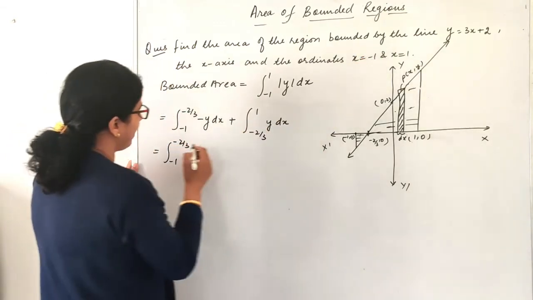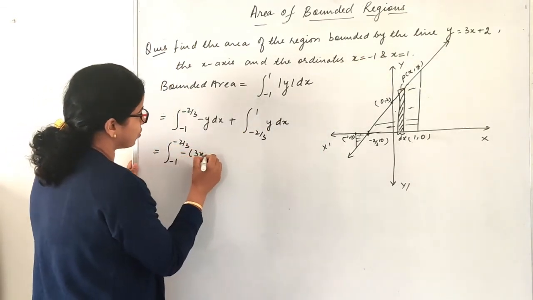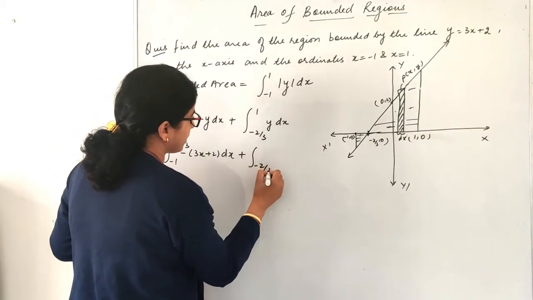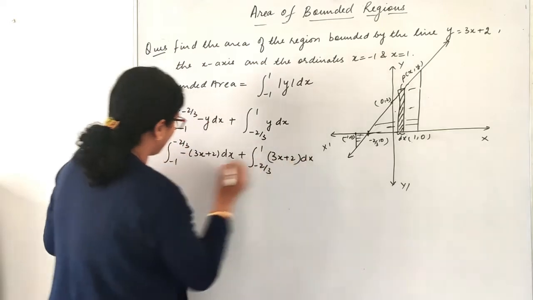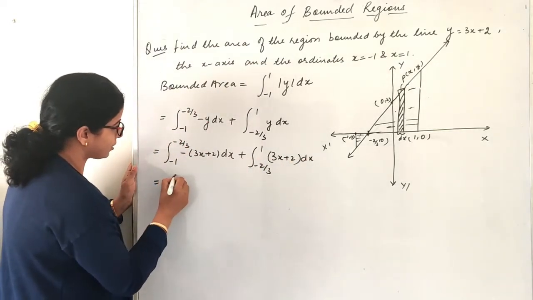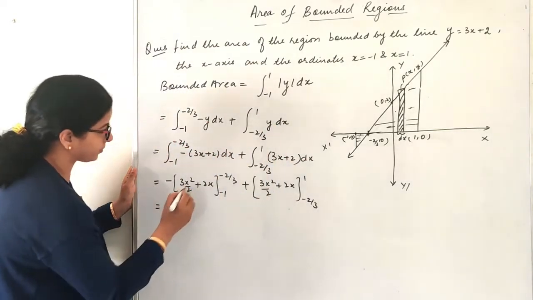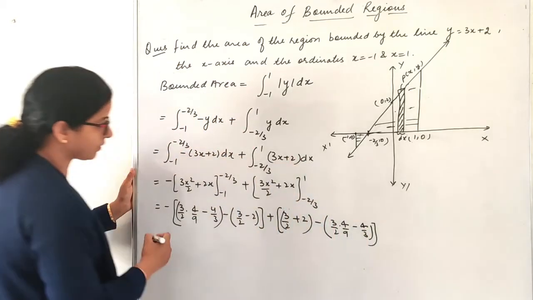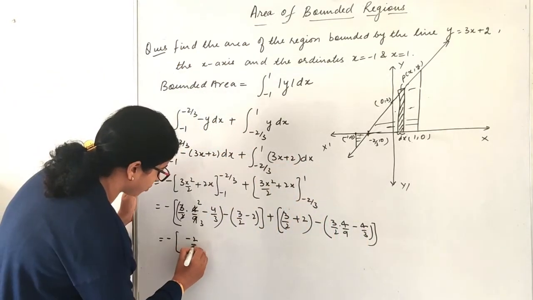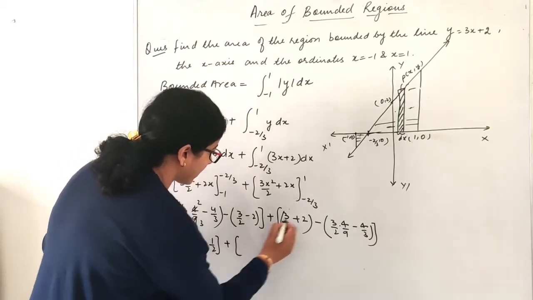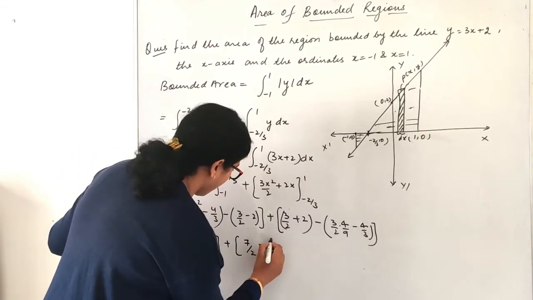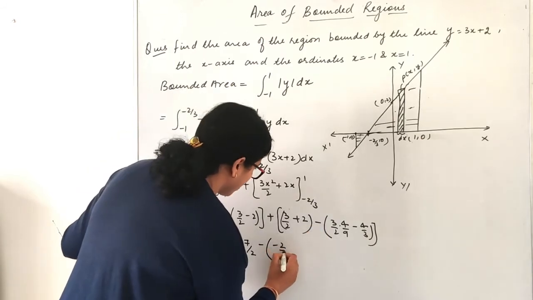Okay, so -1 to -2/3. Substitute the value of y. What is the value of y? 3x plus 2, plus the integral from -2/3 to 1 of (3x plus 2) dx. Okay, now let us integrate this part. Substitute the limits. So we are getting here, let us solve this part. So this will become -2/3 minus... plus 1/2 plus what we are getting here, 7/2 minus here same thing, -2/3.